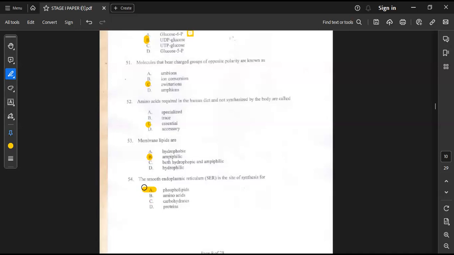So for the proteins, it would be the rough endoplasmic reticulum. And if you're going for carbohydrates, it would be the cytoplasm. Please repeat.